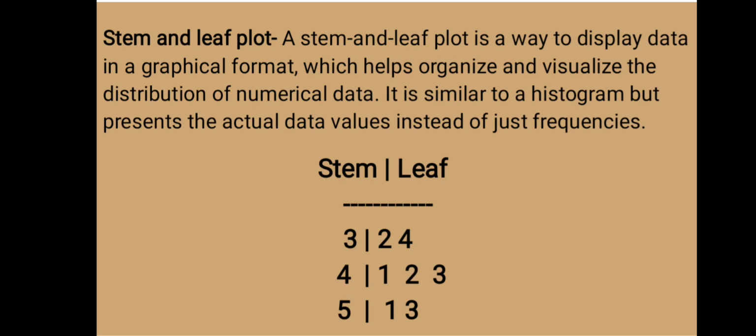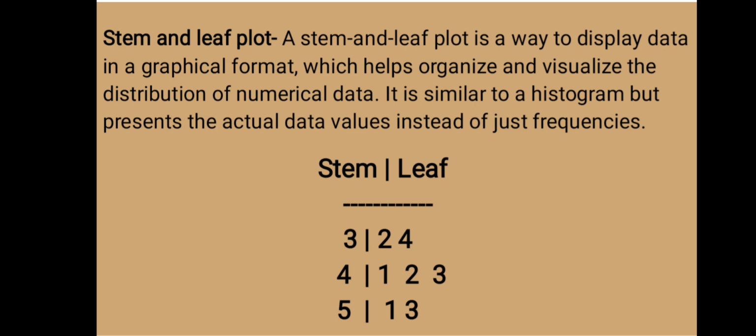So now let's proceed to stem and leaf plot. A stem and leaf plot is a way to display data in a graphical format, which helps organize and visualize the distribution of numerical data. It is similar to a histogram but represents the actual data values instead of just frequency. So a stem and leaf plot is a way to display data to make it easier to see patterns and understand numbers.